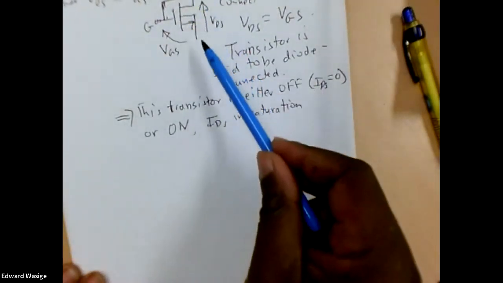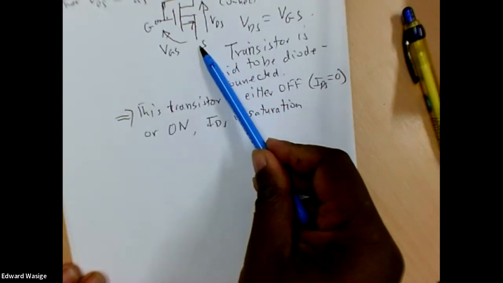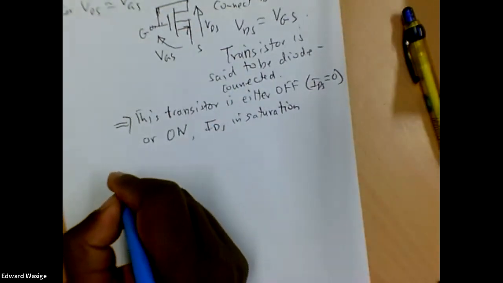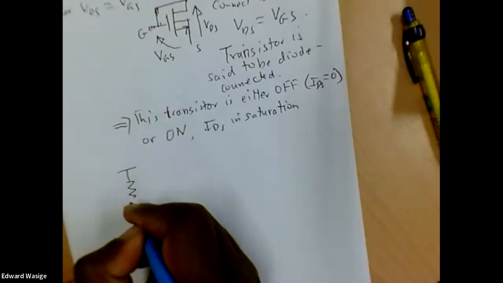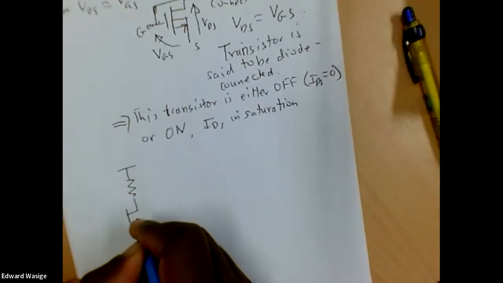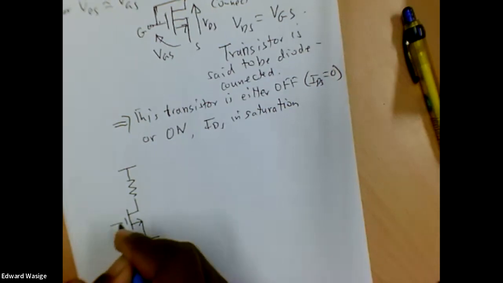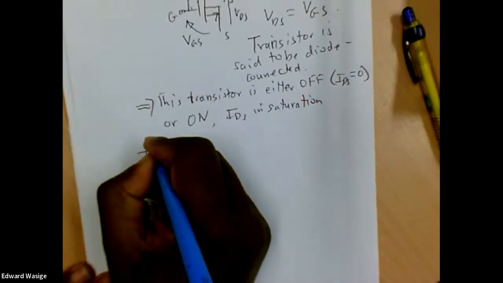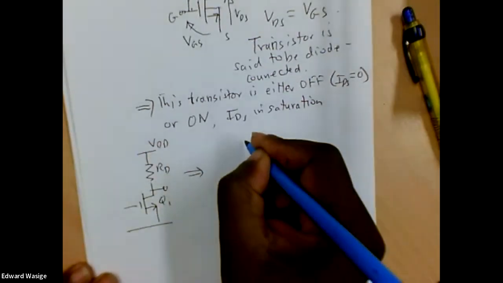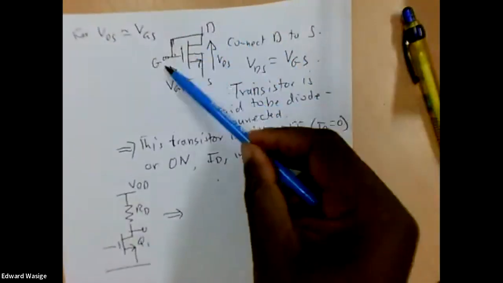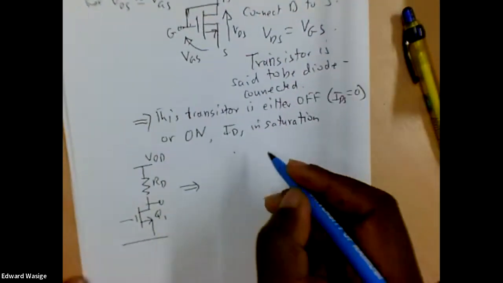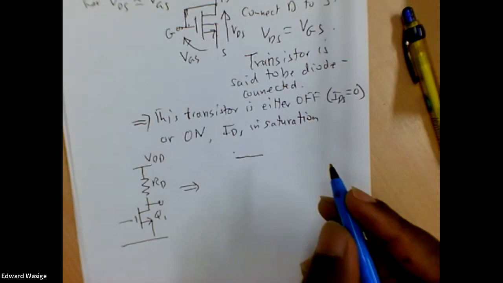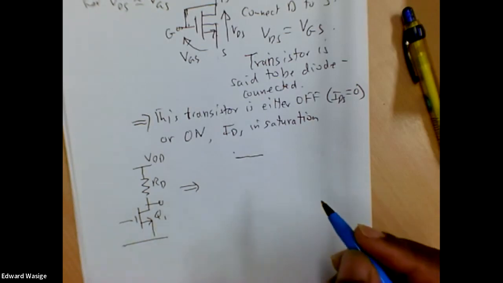And between the drain and the source, because it's in saturation, the equivalent resistance will be very high. So that means that our common source amplifier, which looks like that, well, that's our D. I can call this Q1, and that's VDD. If we use this device as our load resistor, then we can load the transistor like this.